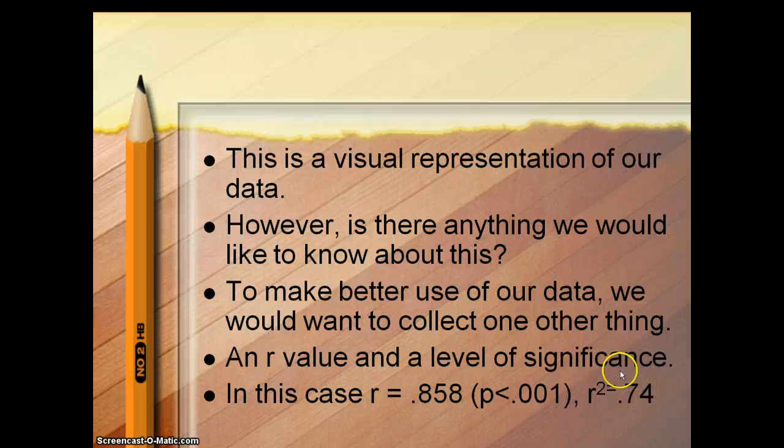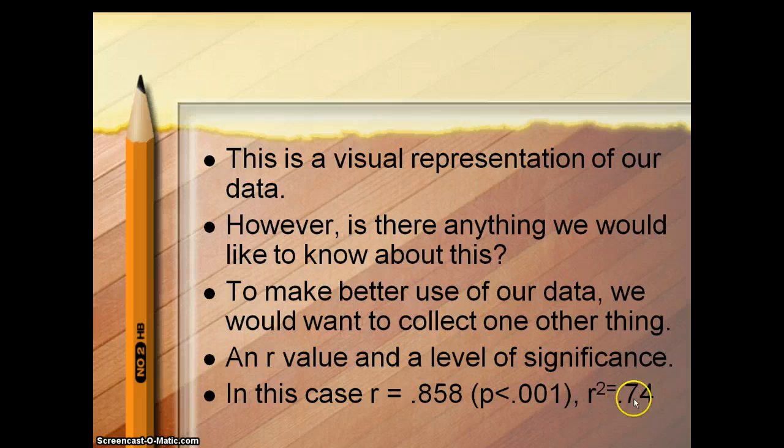This R squared is something called explained variance. And what that means is if you take R, the 0.858, and square it, multiply it by itself, you get this number. And what that is telling us is that the relationship between income and years of experience is a significant relationship.